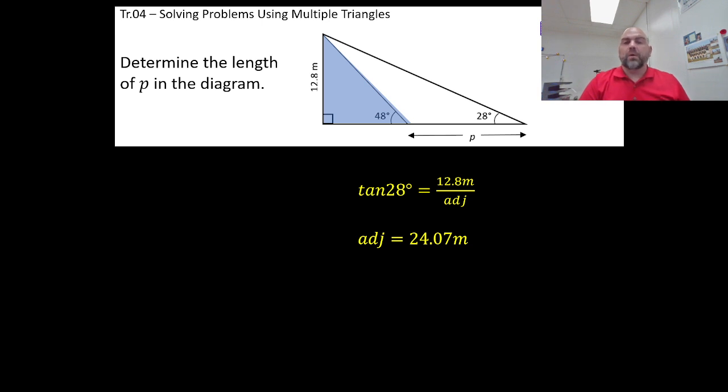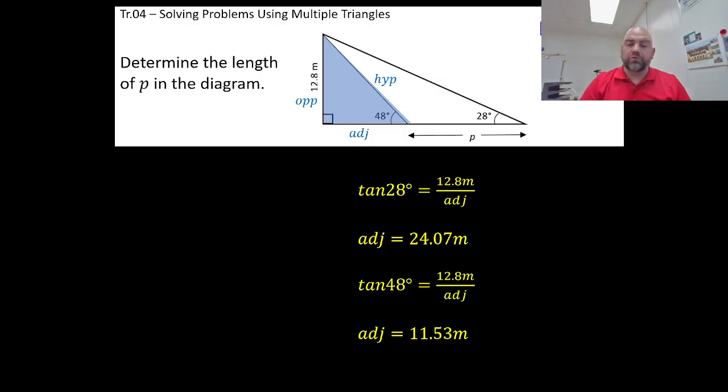We find the adjacent side again using the same numbers, except the angle has changed, and it gives us a different adjacent side of 11.53 meters. So now we know the full thing is 24.07 and the short piece is 11.53. To figure out the other piece, P, we subtract, and P is equal to 12.54 meters.